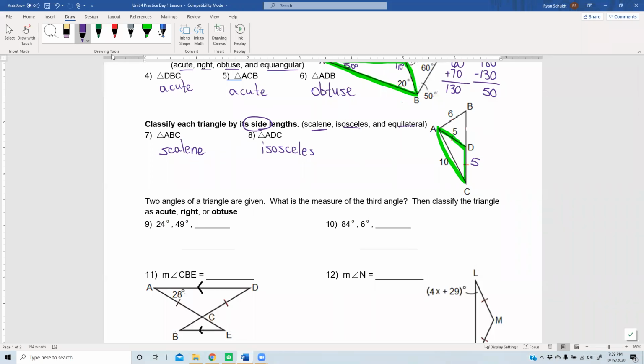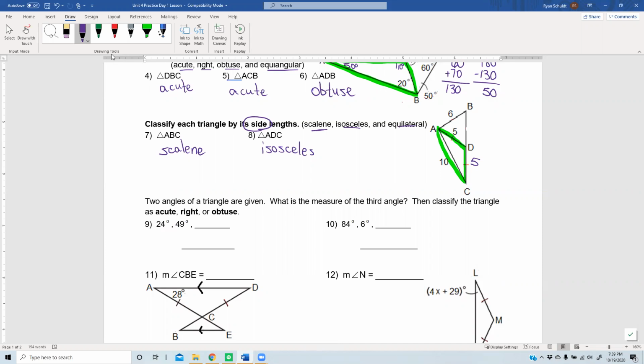Okay, number 9 and 10. They ask us, what is the measure of the third angle? Then we've got to classify as acute, right, or obtuse. So this is where we have to add these two up and subtract from 180.